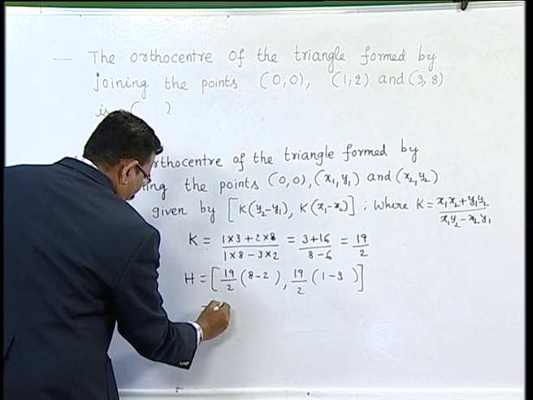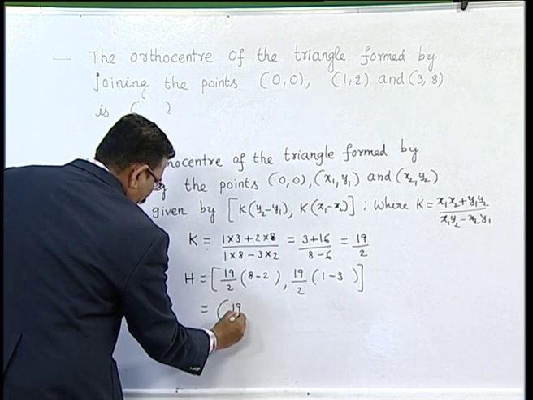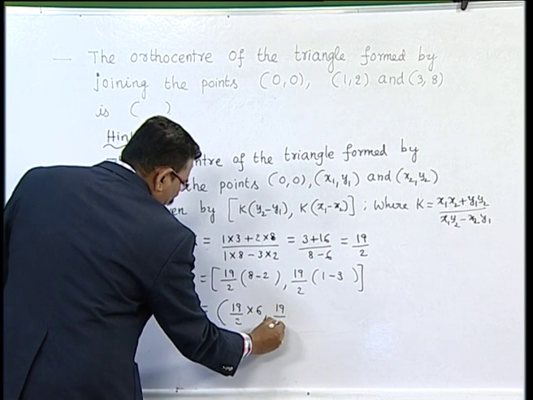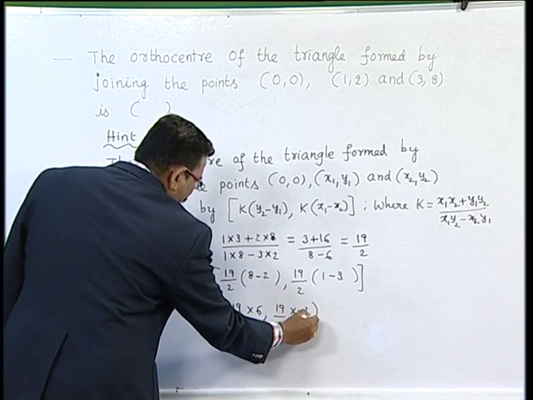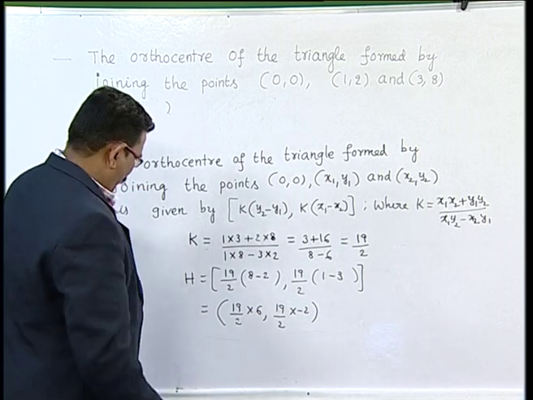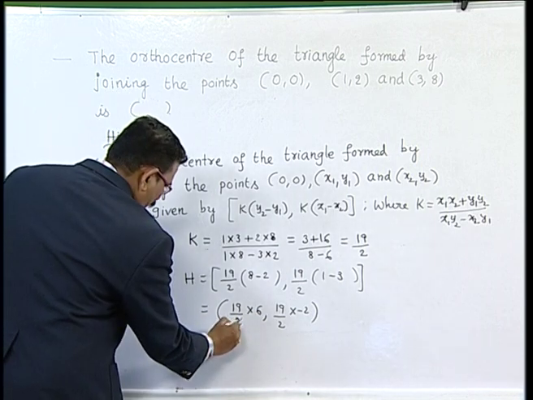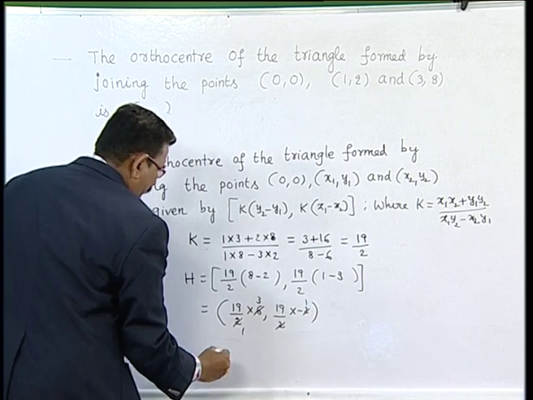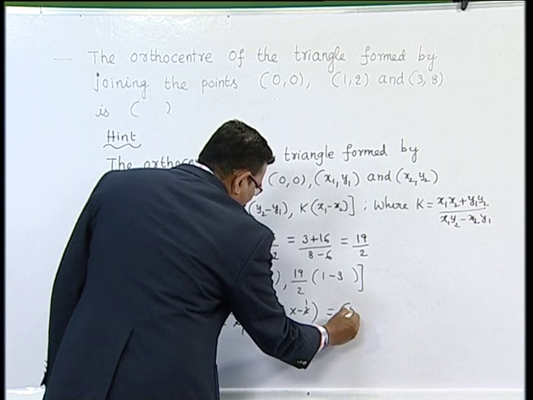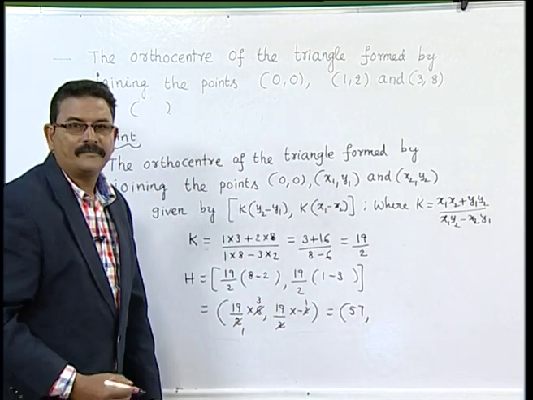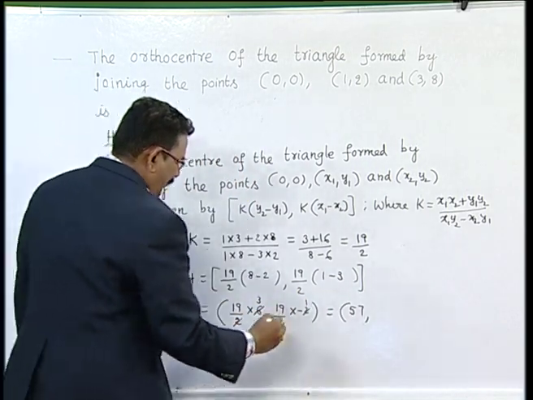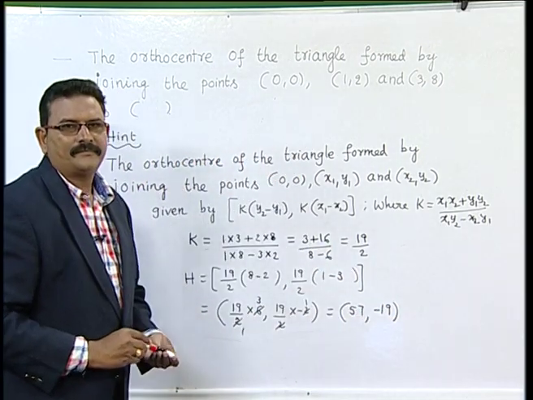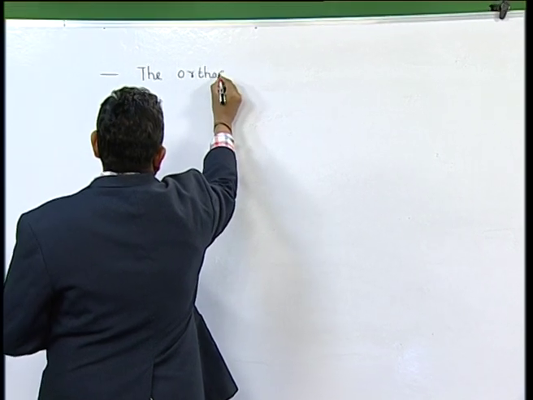So, 19 by 2 multiplied by 6, comma, 19 by 2 multiplied by minus 2. Am I correct? Now, 2 ones are 2, 2 threes are 6, so this is 19 times 3, 57, comma minus 19. This is the orthocenter.